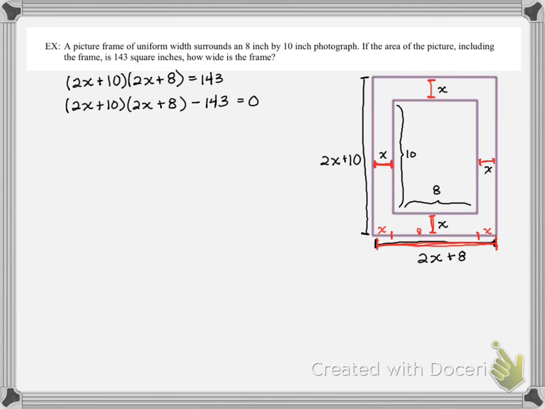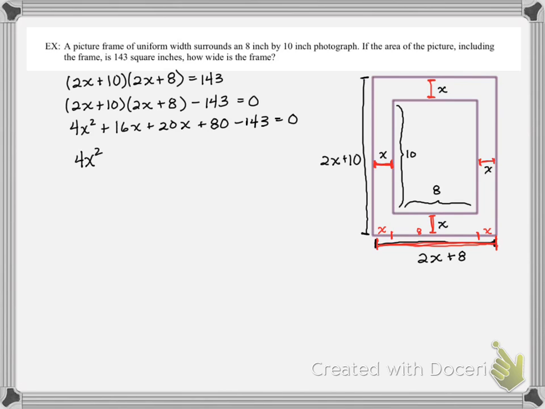And then in order to factor that, we're going to have to distribute and combine like terms. So we've got 4x squared plus 16x plus 12x, 20x, plus 80 minus 143 equals 0.